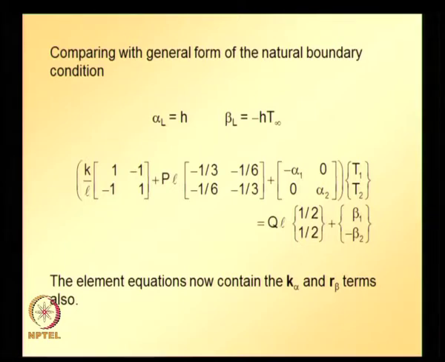So, the contributions of the matrix consisting of alphas and the vector consisting of betas we have not seen, but for this particular problem where alpha L which is alpha 2 and beta L which is beta 2 are given, these are non-zero. So, the element equations now contain k alpha and r beta terms.